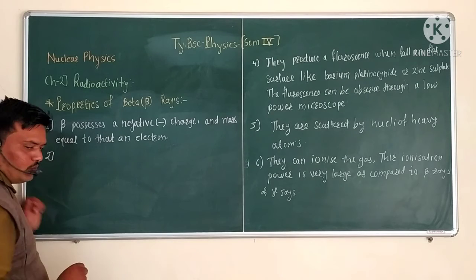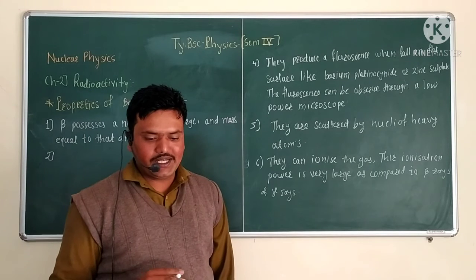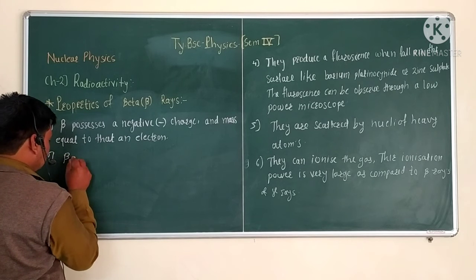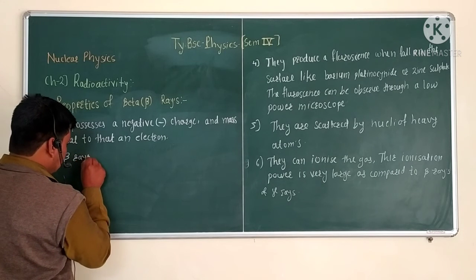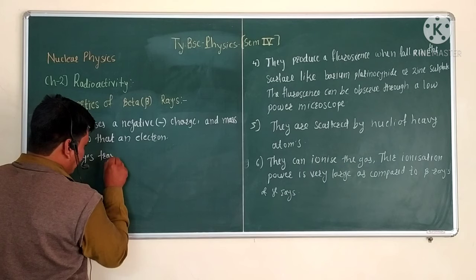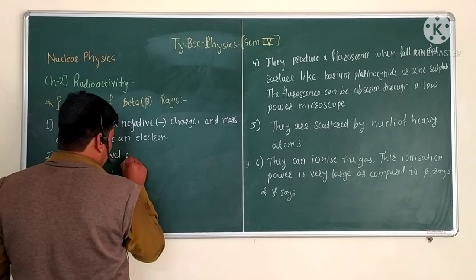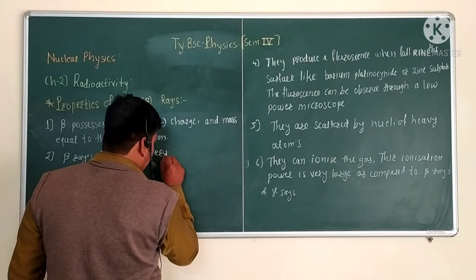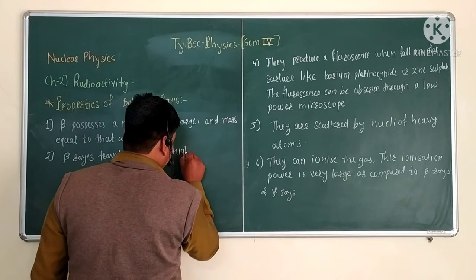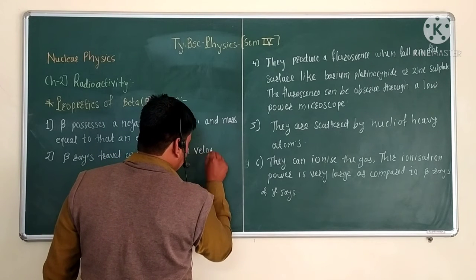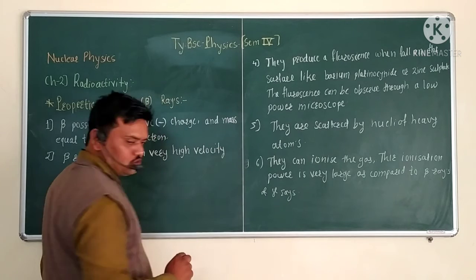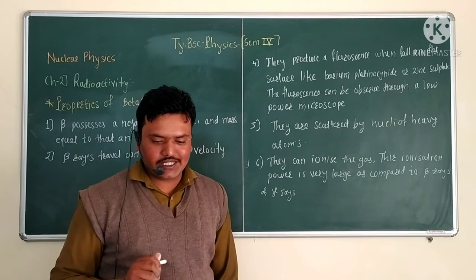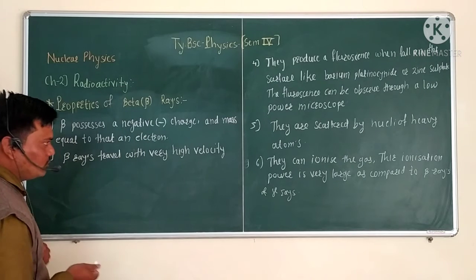Now the second property: beta rays travel with very high velocity. The range of the velocity is nearly equal to 1/10 of the velocity of light.